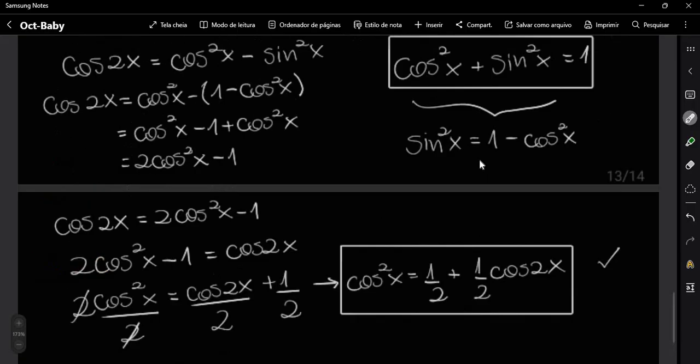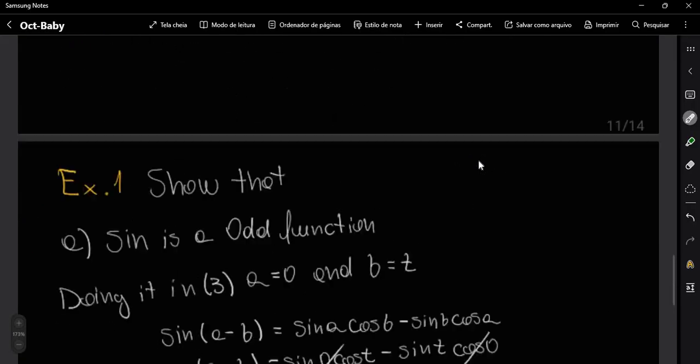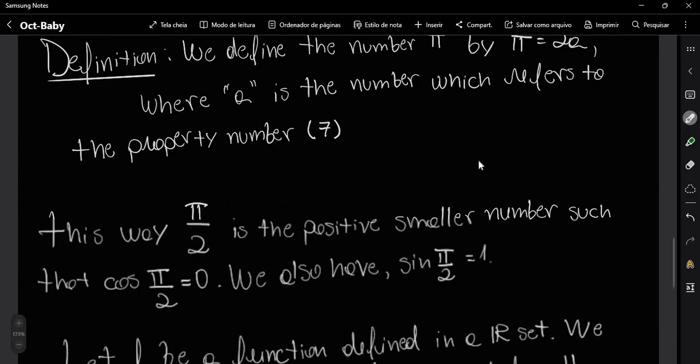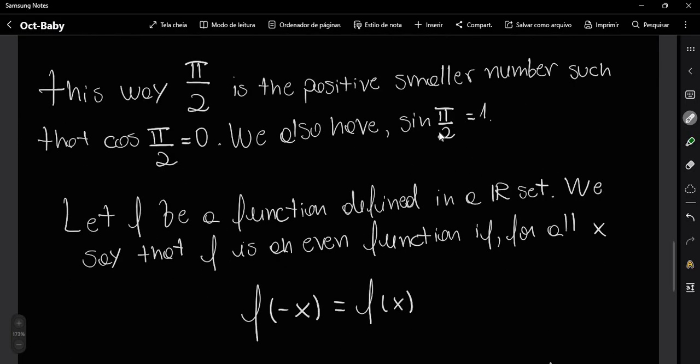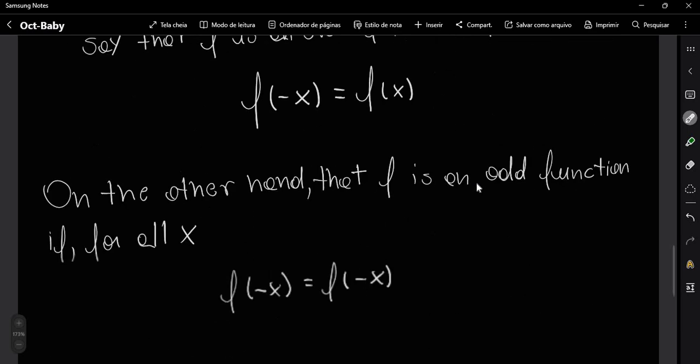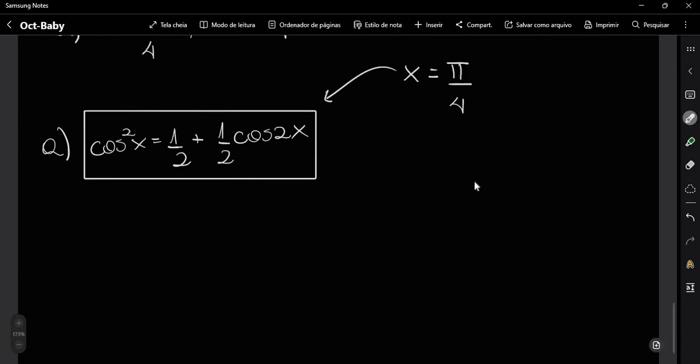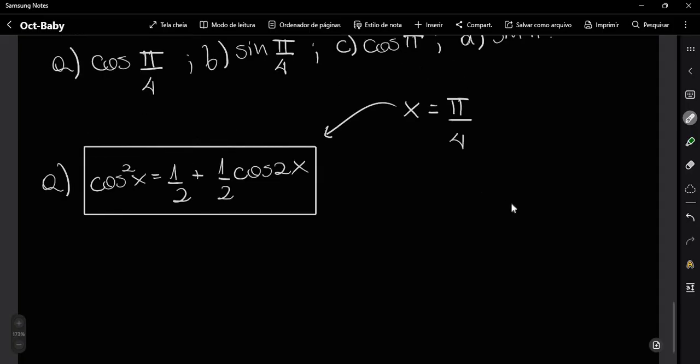I said real, but let's see, it is a positive number. So a positive number. So let's apply x as a positive number.